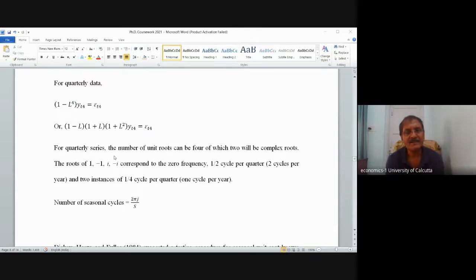The second value, L is equal to minus 1. It captures the half cycle per quarter. That is 2 cycles per year. In other words, this value indicates the behavior of stochastic trend biannually.